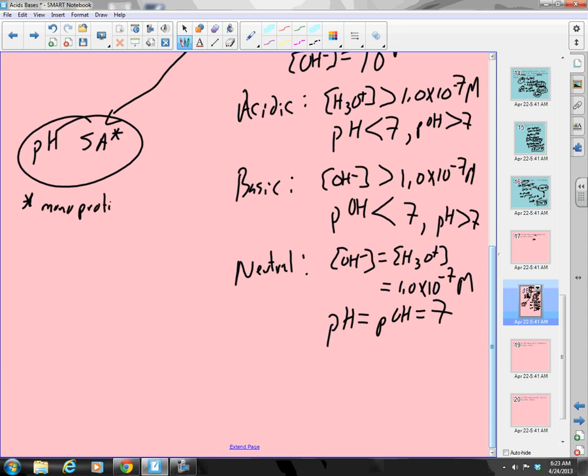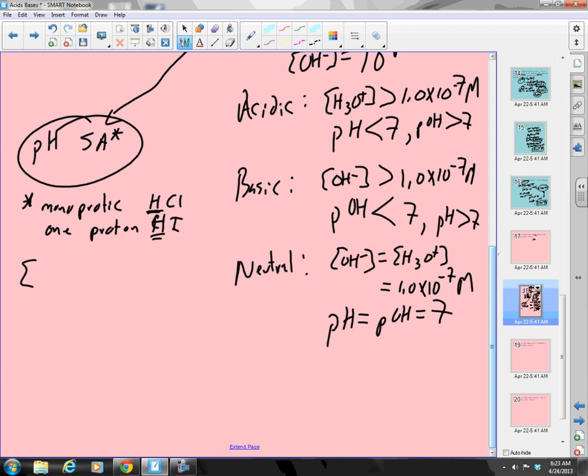That means one proton. And so those are all my HCl, HI, when I have one H on them. These are all monoprotic.